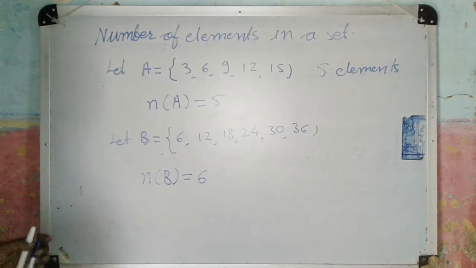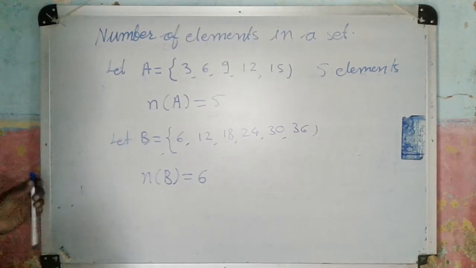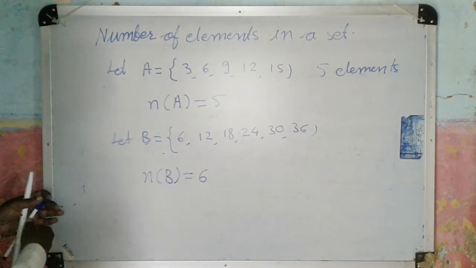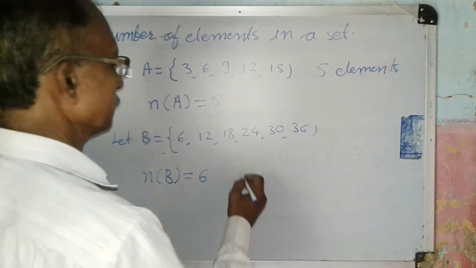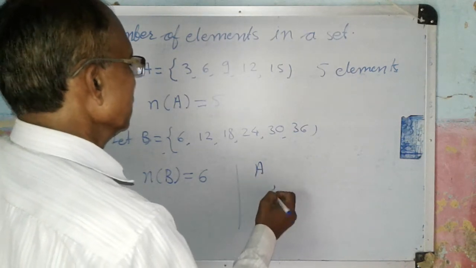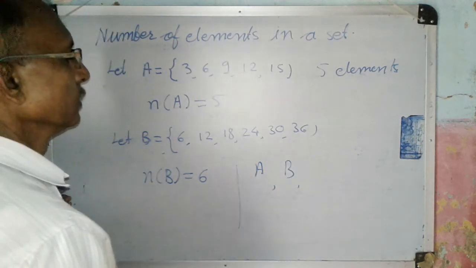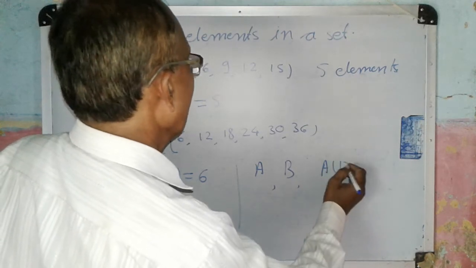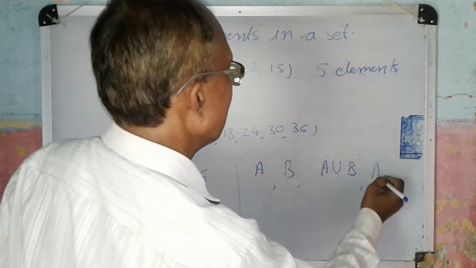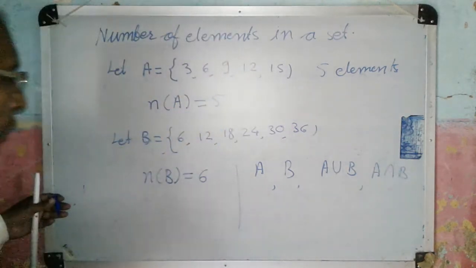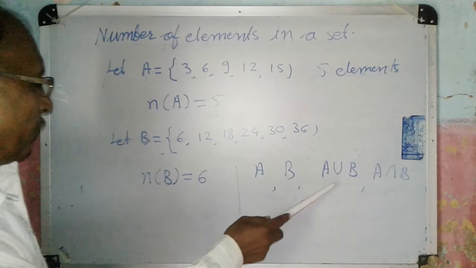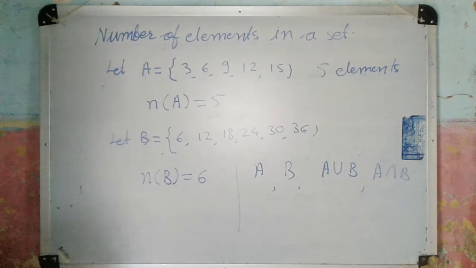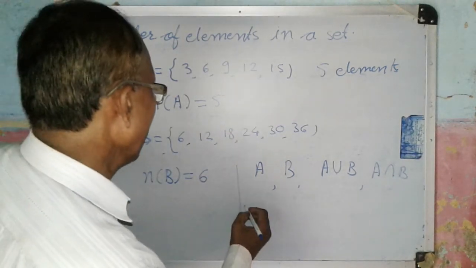Now there is a relation in between. Suppose A and B are two sets, set A, set B, A union B, and A intersection B. Already we have studied union of two sets, intersection of two sets. Now see here, there is a relation in between these terms.